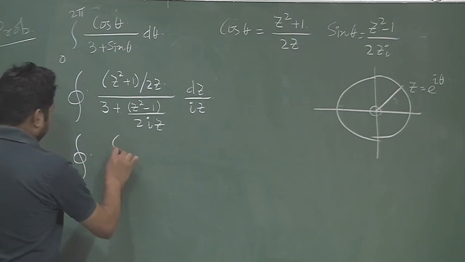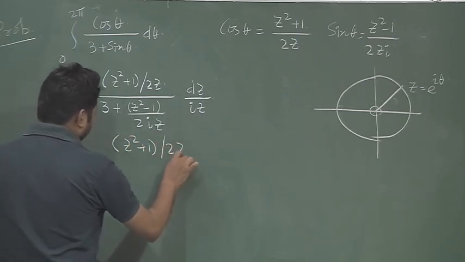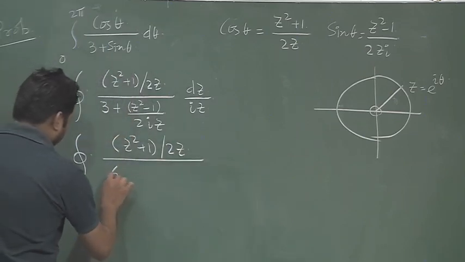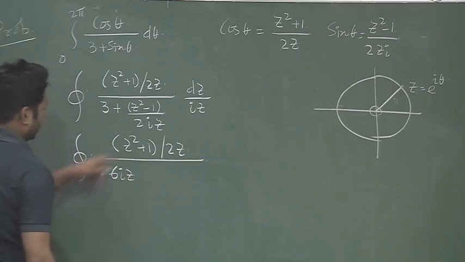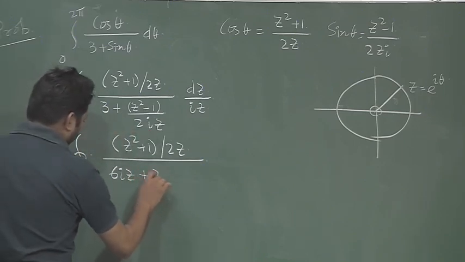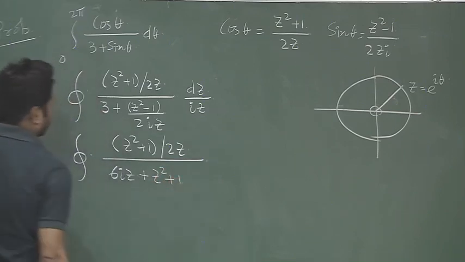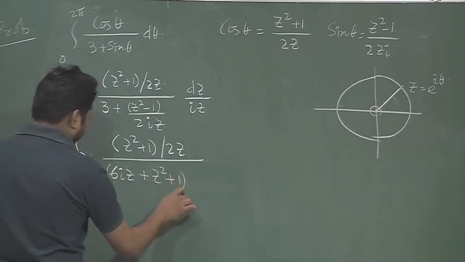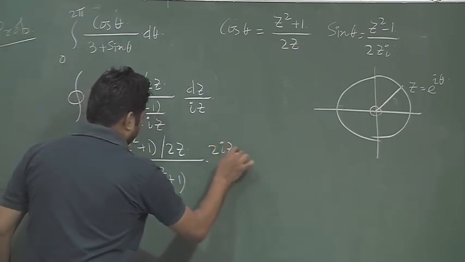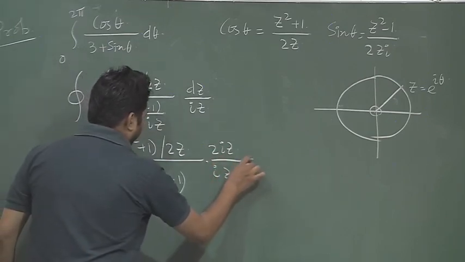So, it will be z square plus 1 divided by 2z divided by 6iz, and then plus z square minus 1, and this 2iz will be sitting here, divided by iz and dz.